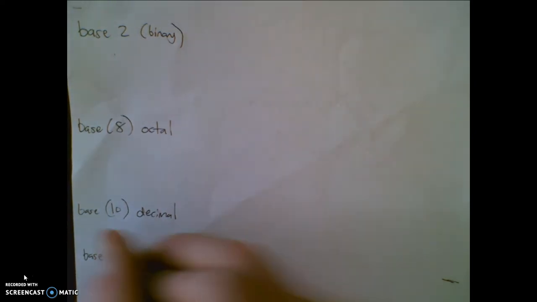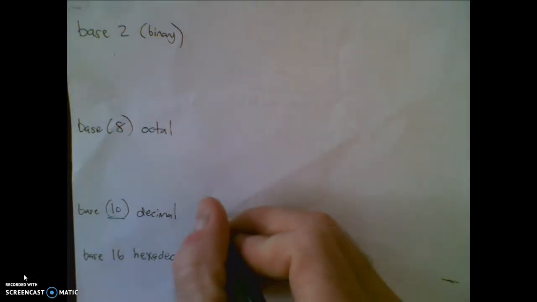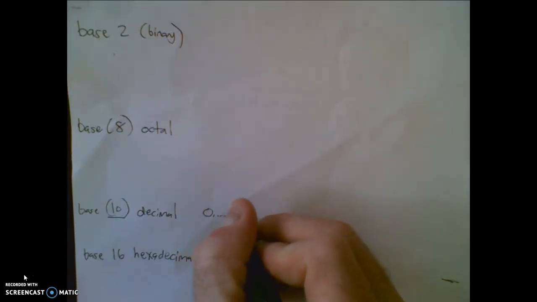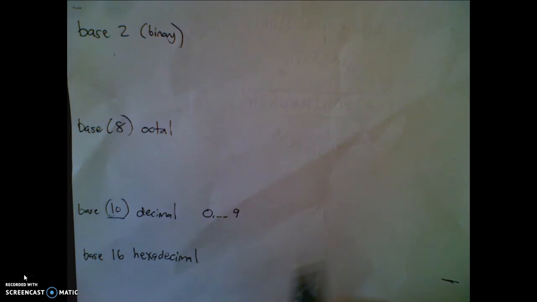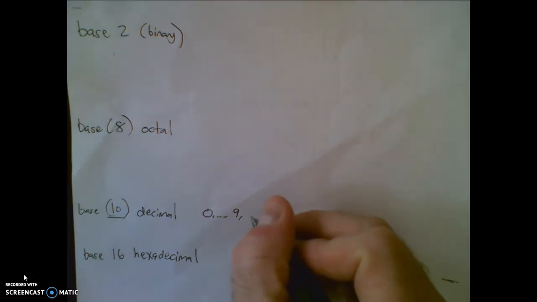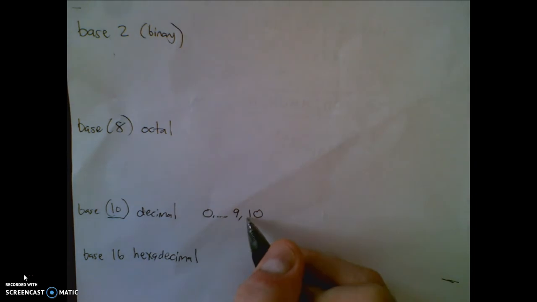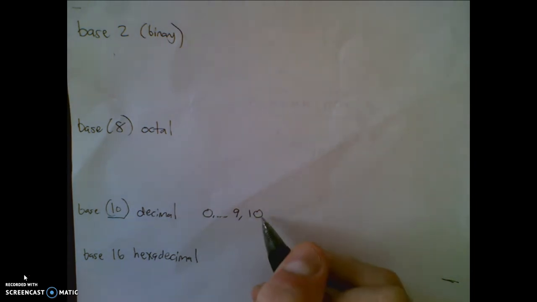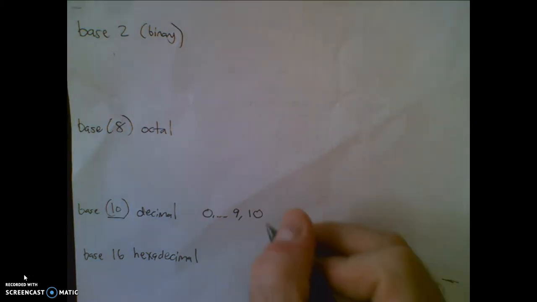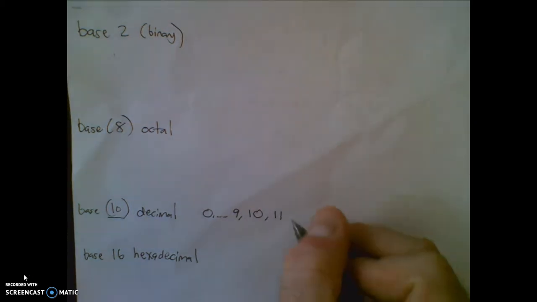We have 10 digits, base 10. They are 0 through 9. Once we get to the 10th number, we run out of digits. So what we do is we put a 1, 0, indicating we have 1 in the tens place, 0 in the ones place. The next number would be 11, and so forth.